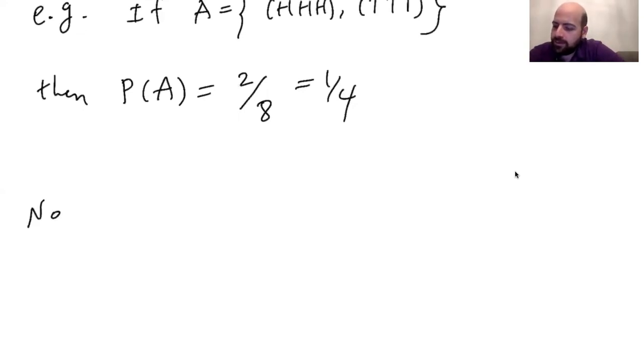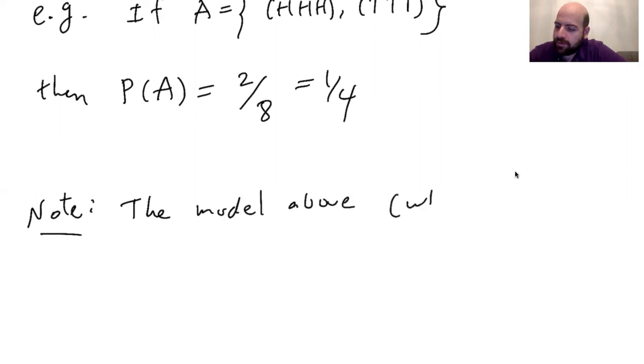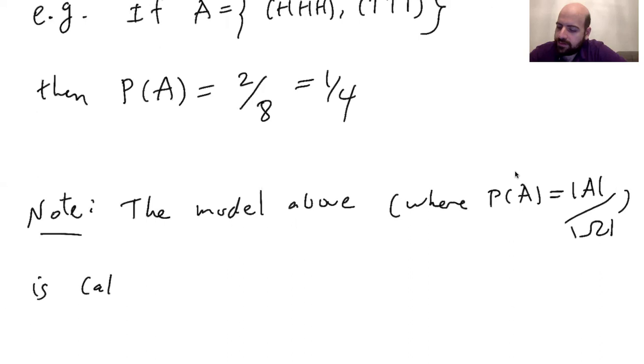Okay, so note here, the model above, where P of A is the number of elements of A over the number of elements of omega, is called the uniform probability space.